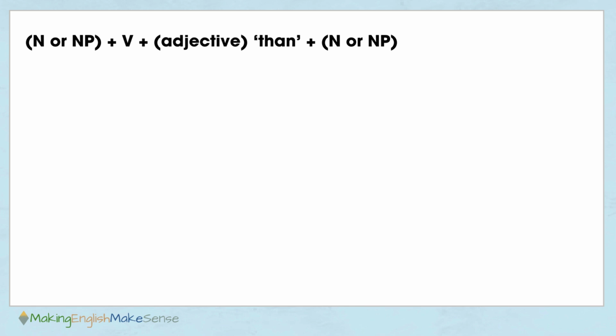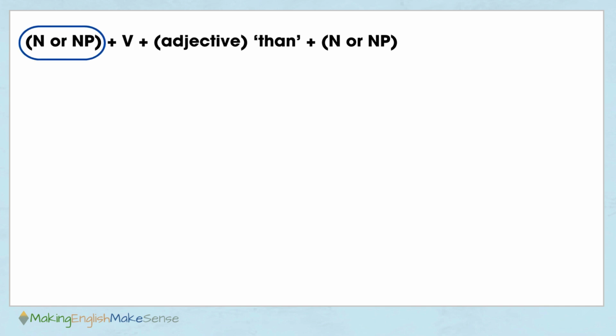First, let's go back to the sentence structure that we looked at earlier for comparing a difference. We started with a noun or noun phrase followed by a verb, then the comparative construction adjective than, and ended with a second noun or noun phrase.